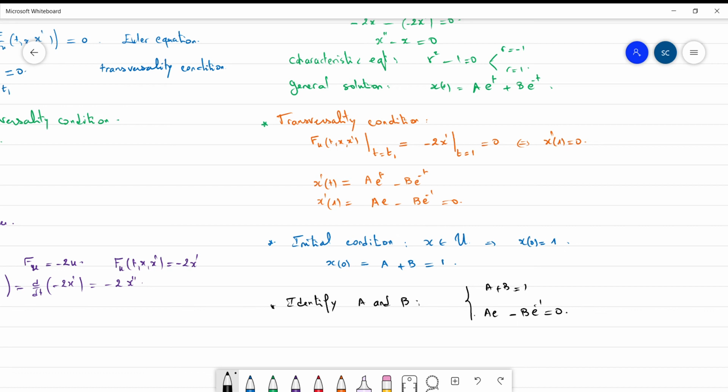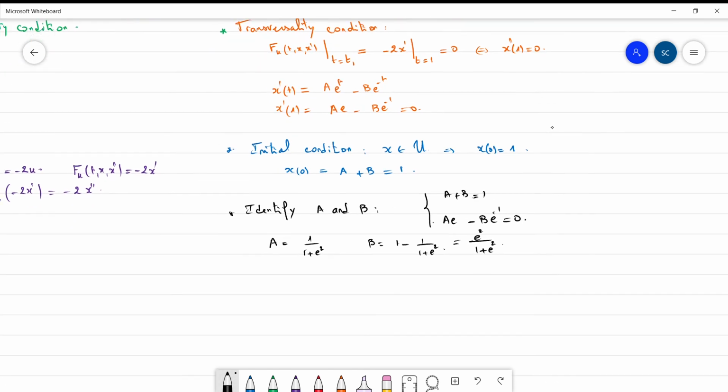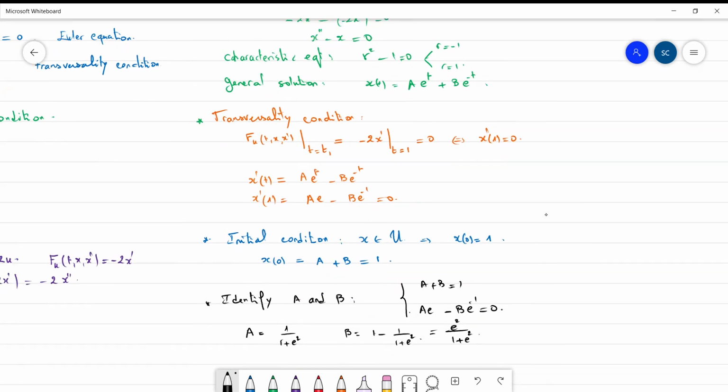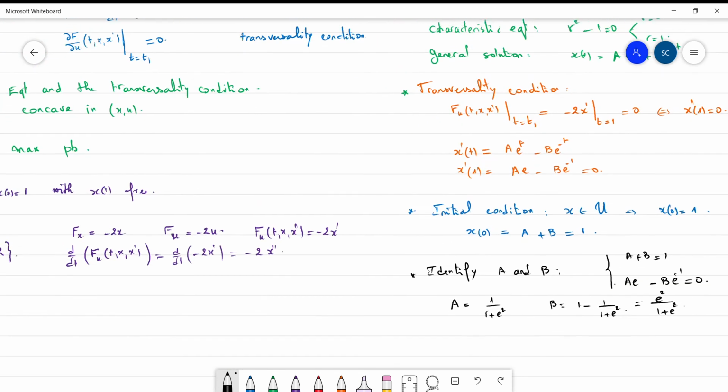We have a equal to 1 over 1 plus e squared, and b is 1 minus a, that is e squared over 1 plus e squared. Okay, so we have x star. We found x star. Now this is the candidate. x star is the candidate.